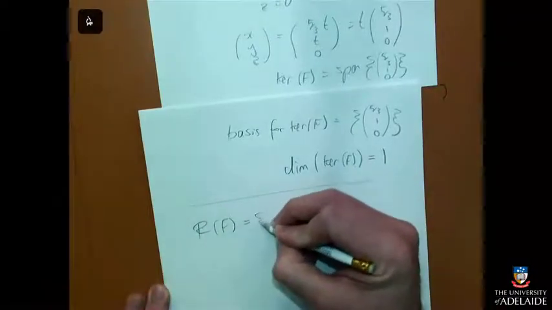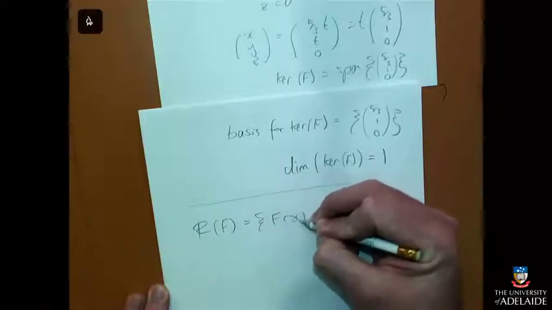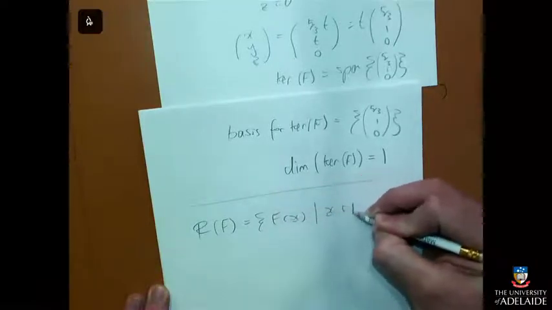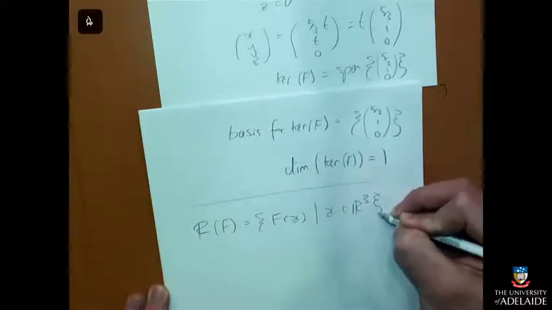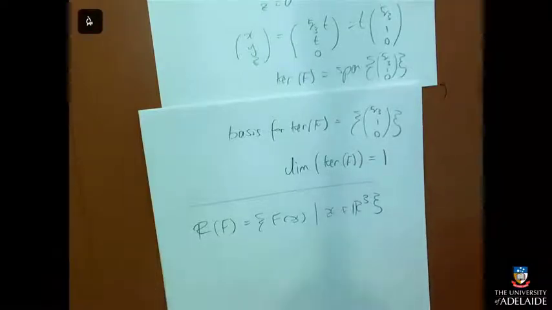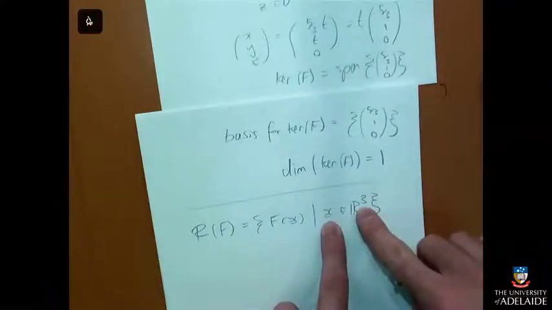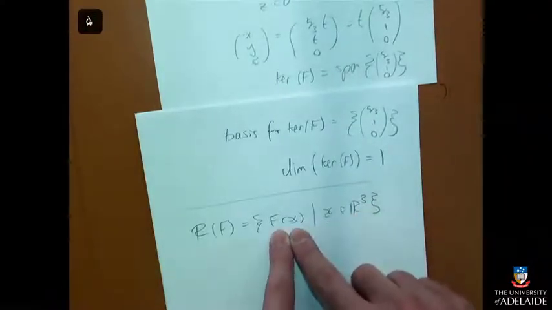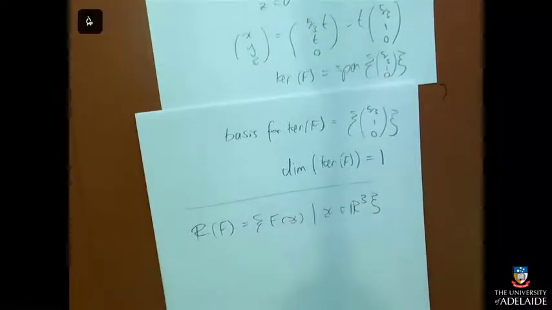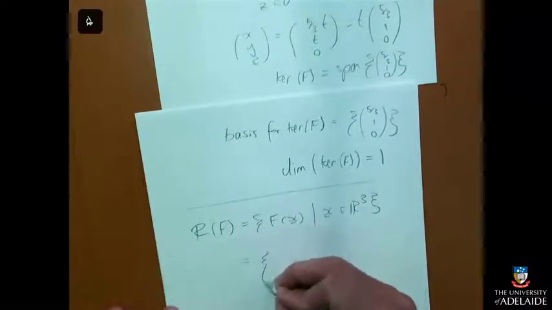The range of F is all of these things. It did come from R3, didn't it? Okay, yeah. So for all the things in the place where they come from, it's all the outputs. So that's the set of all these things.